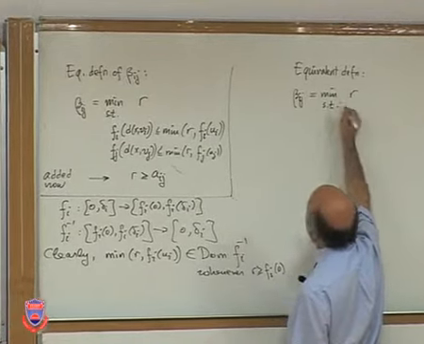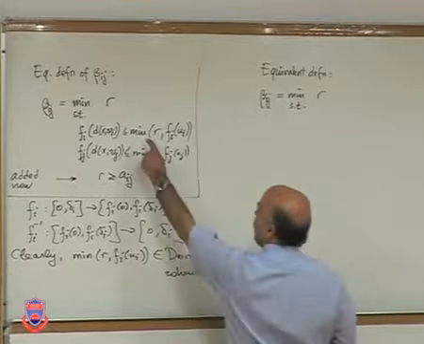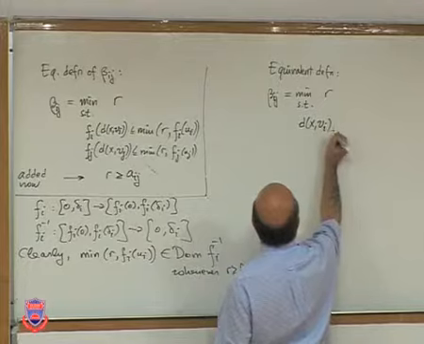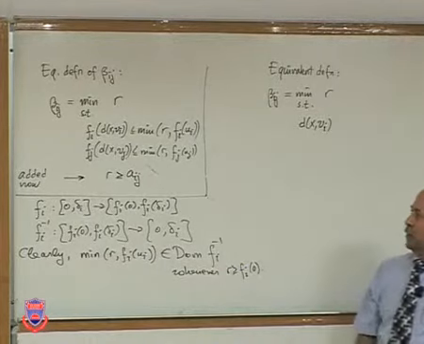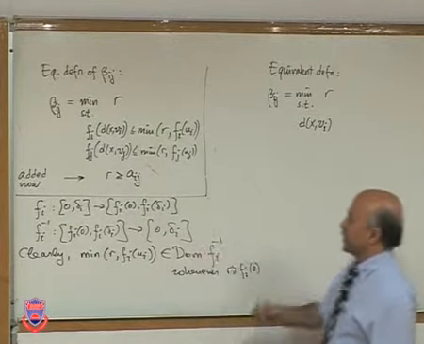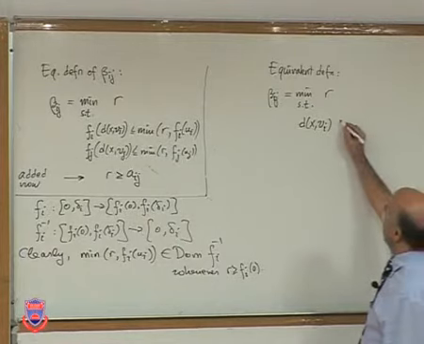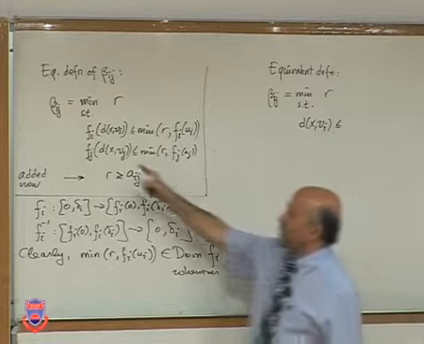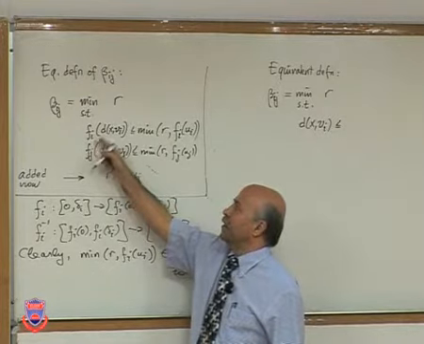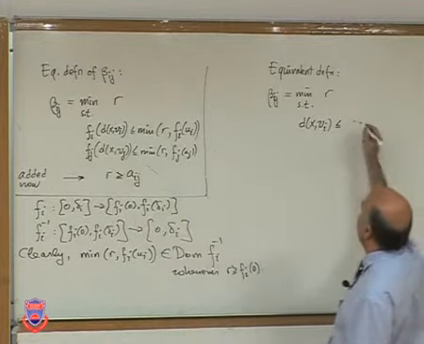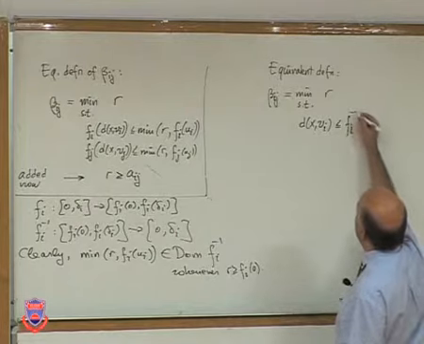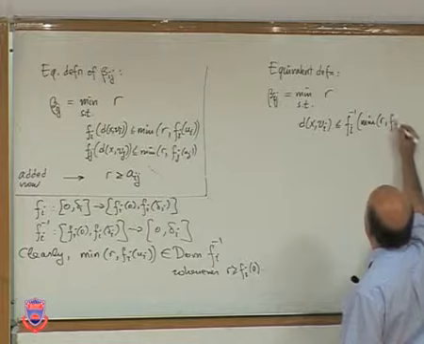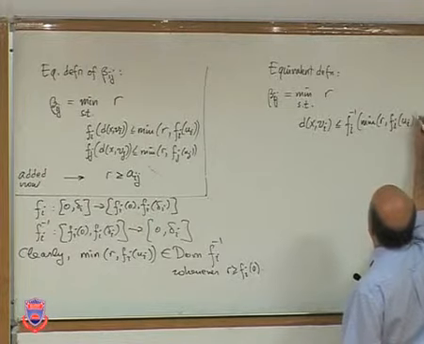Minimum R subject to, I apply the inverse function to both sides because both sides admit the inverse function in the domain. So the left side outputs Fi inverse of Fi, which outputs the xvi. The right side gives Fi inverse evaluated at minimum of R and Fi ui.